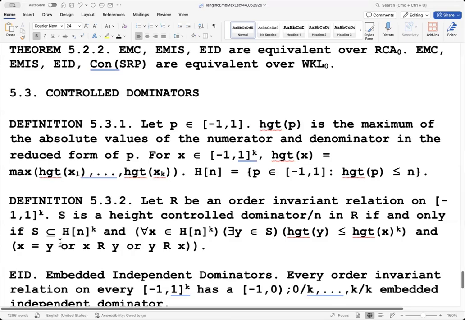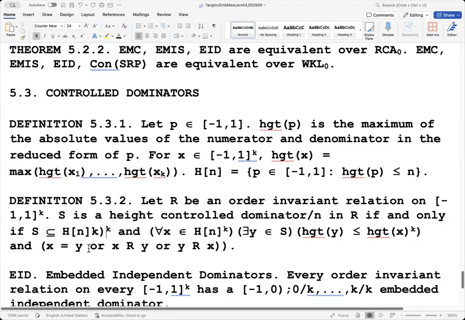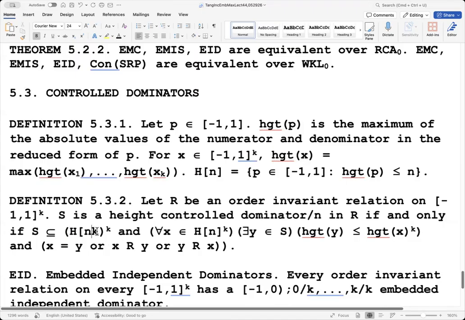Let me see what I want to say here. See, because there's two different K's here. This is what I want to say. Yes, this is what I screwed up on.